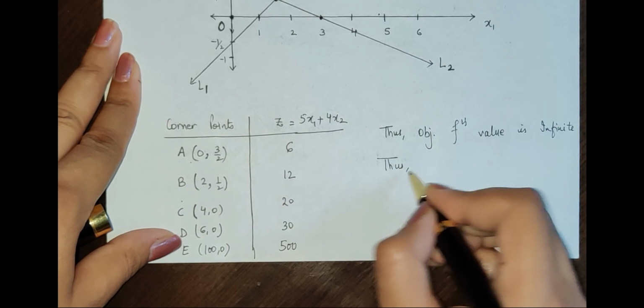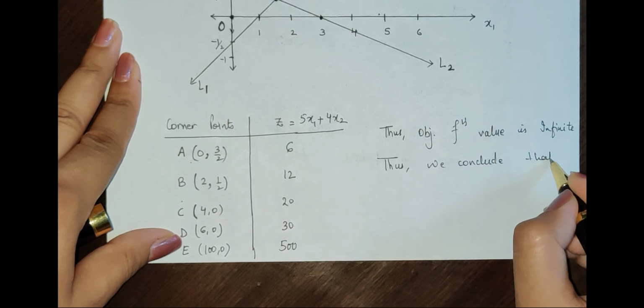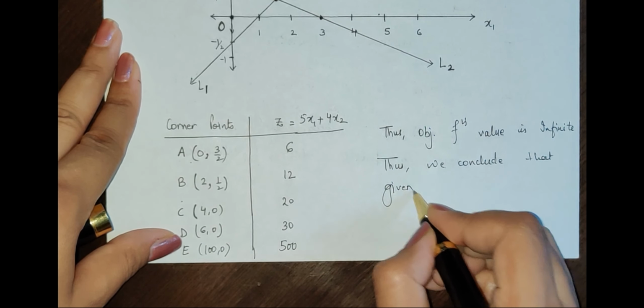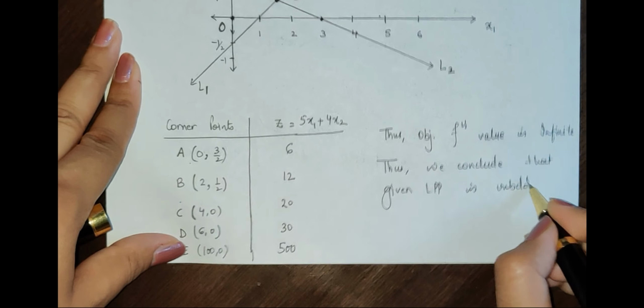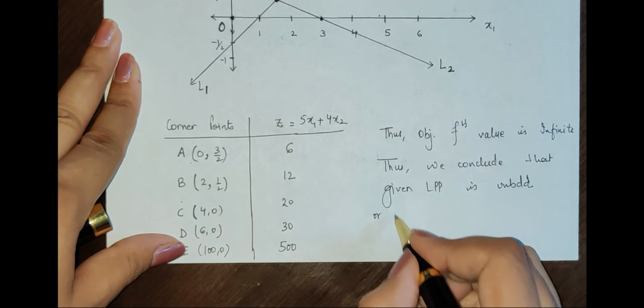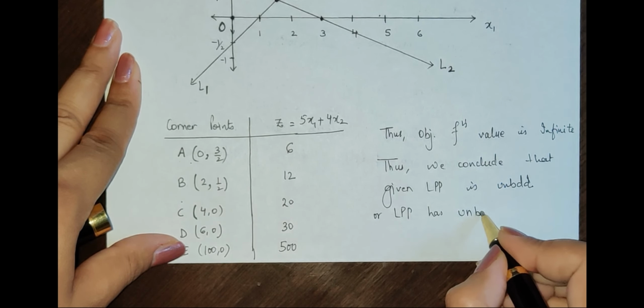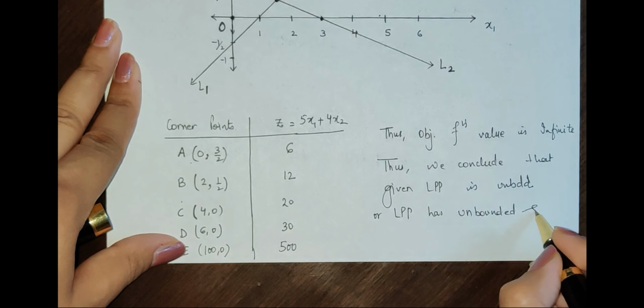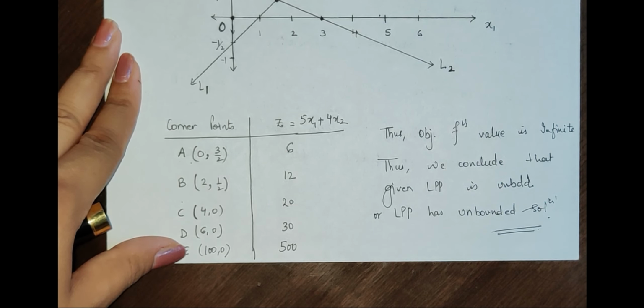Thus we conclude that the given LPP is unbounded in nature, or we can also say LPP has an unbounded solution. So this is the example of an unbounded solution.